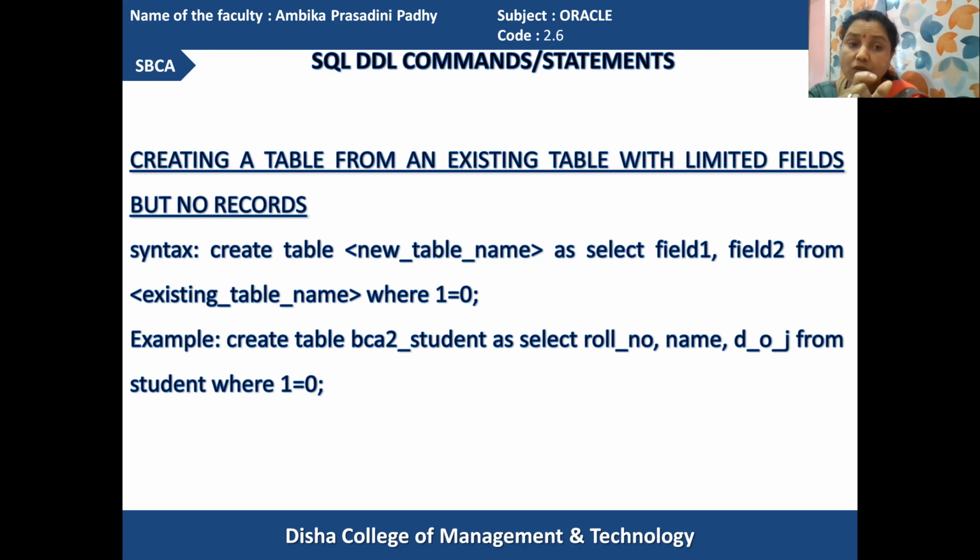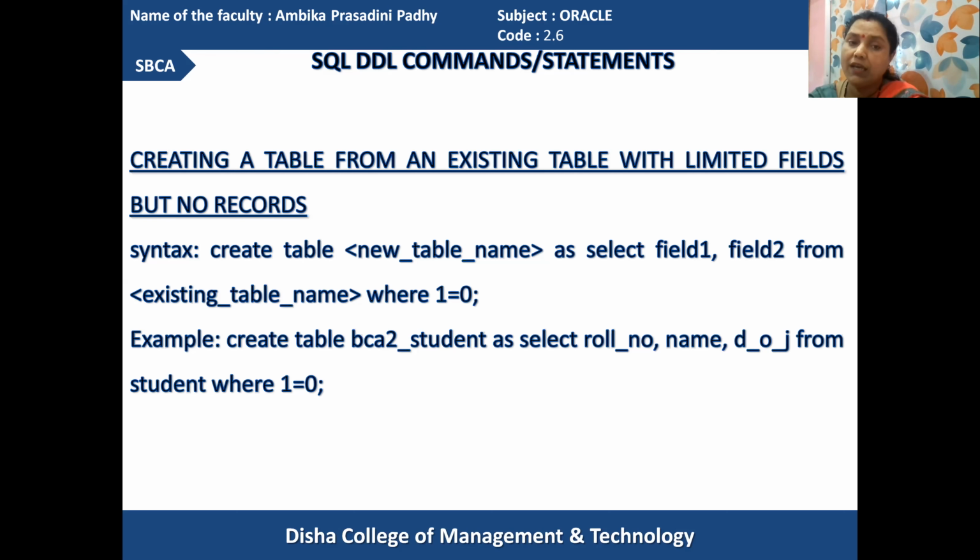Got it? Suppose, for example, we want to create BCA2 student, then we can take help of this content like this: CREATE TABLE BCA2_student AS SELECT roll_number, name, DOJ FROM student WHERE 1=0. From the existing table student, you want to take only the roll number field, name field, and date of joining field.